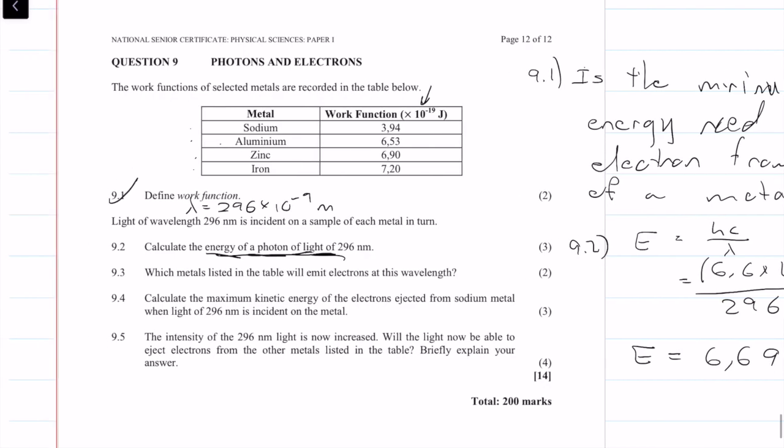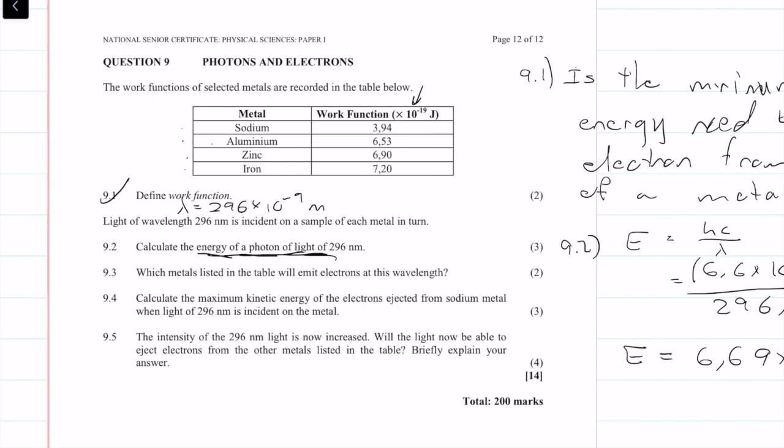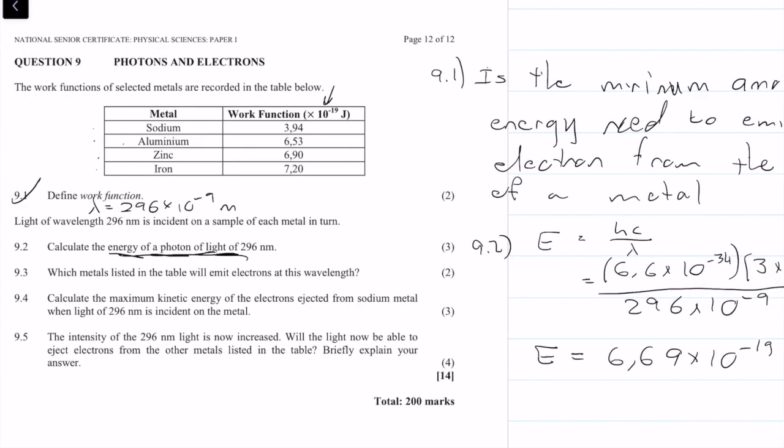Which metals listed in the table will emit electrons at this wavelength? Remember the work function is the minimum energy. So anything more than this energy right here will result in nothing being emitted. 6.9 is greater and 7.2 is greater, so we're left with these two.